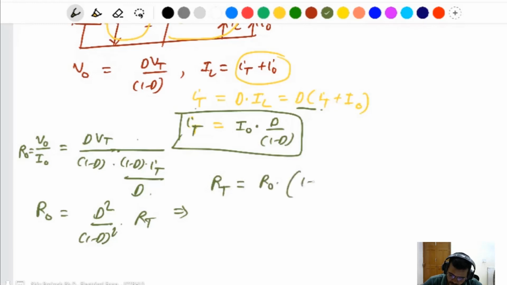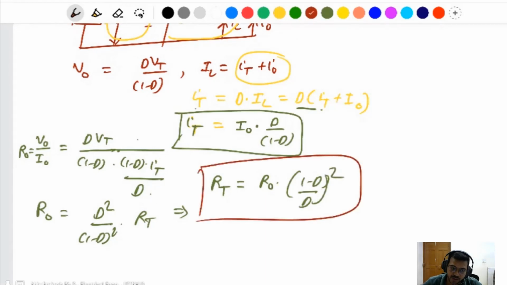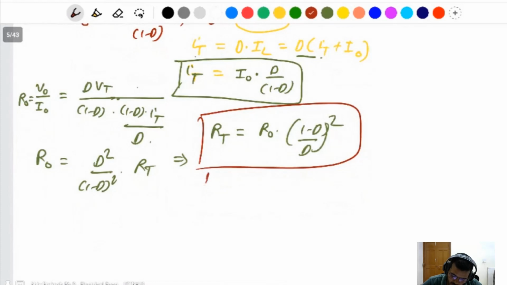RT is R naught into (1 minus D divided by D) whole square for the buck boost converter. Then 1 by RT is the same thing, 1 by R naught into (D divided by 1 minus D) whole square.